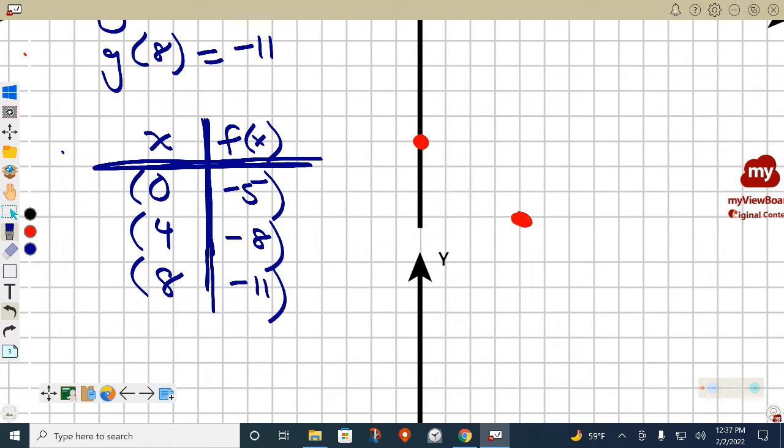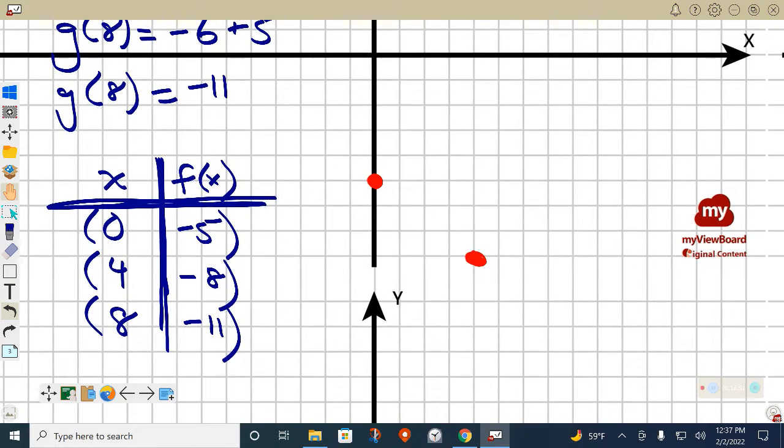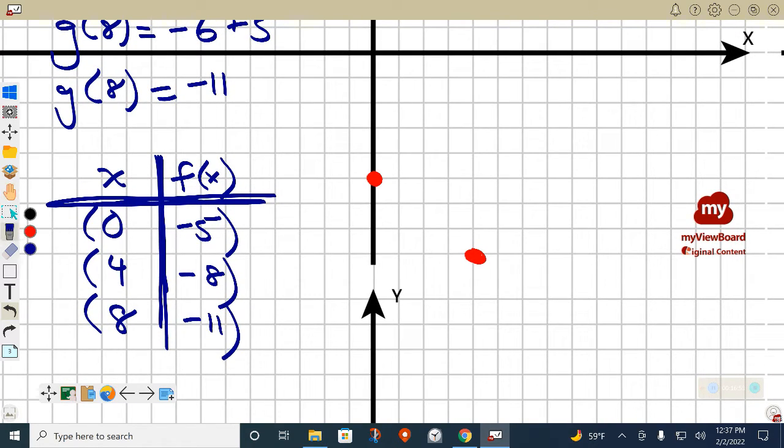Rocking and rolling. Plot that puppy with me. When I say plot, that means put the dot on the graph. 8, negative 11. 1, 2, 3, 4, 5, 6, 7, 8. And then 8, 9, 10, 11. Put it right here.